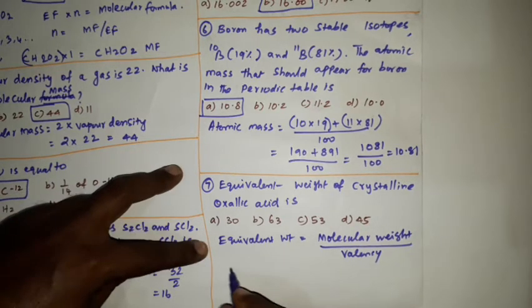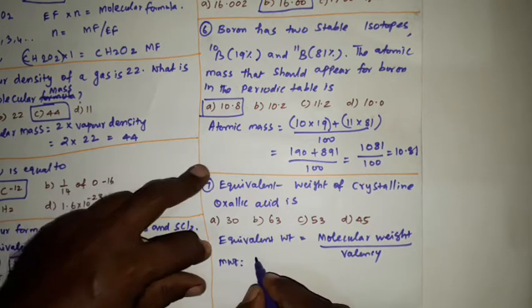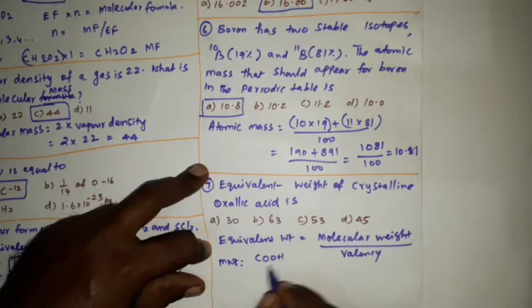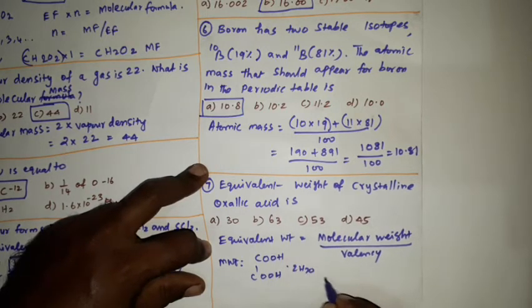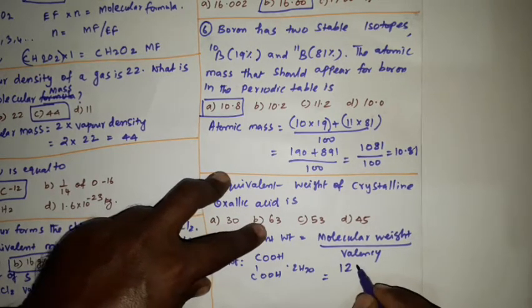The oxalic acid formula is COOH dot 2 H2O.